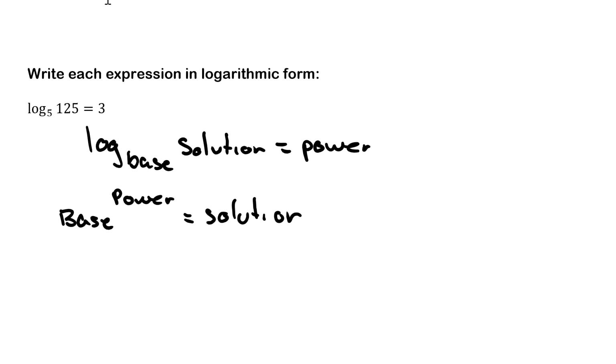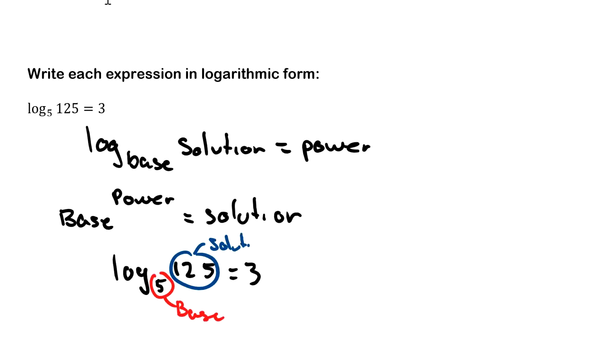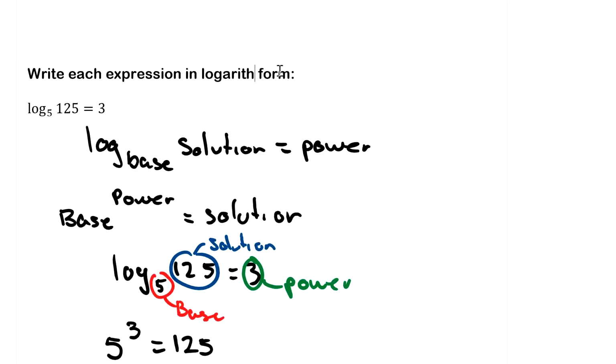So if I write out my log base 5 of 125 equals 3, base, solution, power. Knowing that, I can just substitute them in. So we have 5 to the power of 3 equals 125, and that is not logarithmic form, but what we call index form.